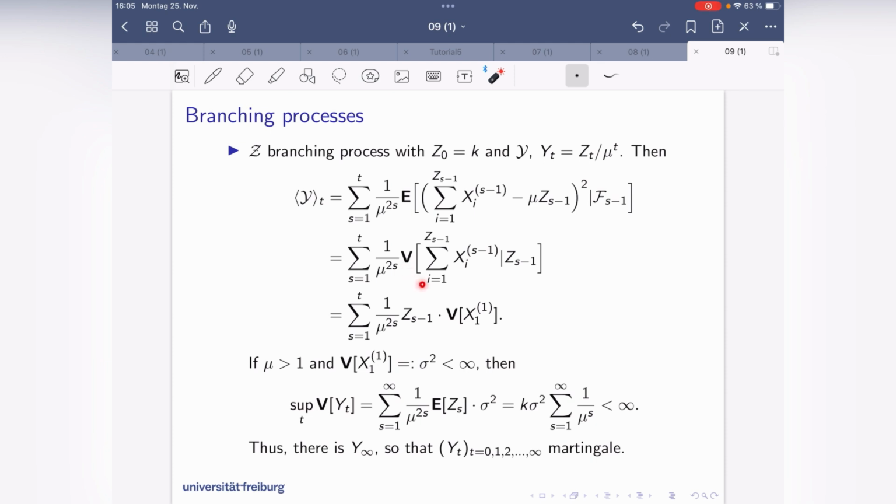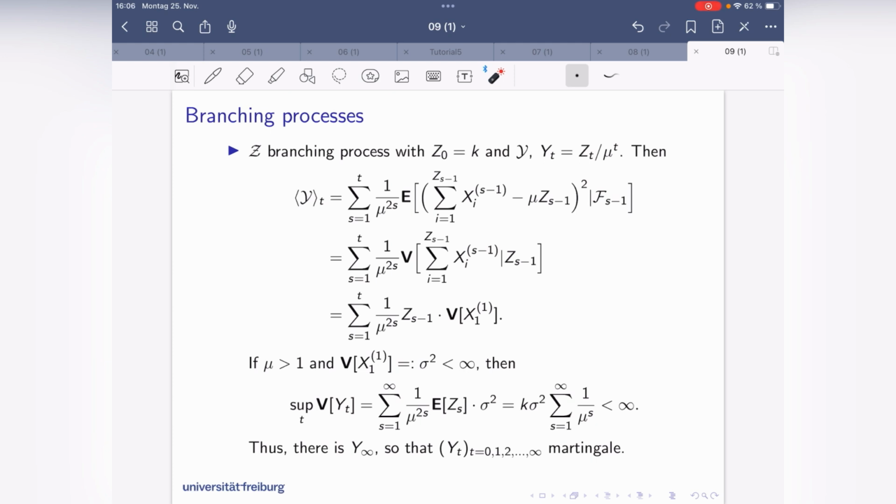So that's the conditional variance of this thing here given fs minus 1. And these things here are conditionally independent. So I can pull this out of the variance. I get the term in s minus 1 times the same variance, which is the variance of x1. So that's just the variance of the offspring distribution. Like this here, and the mu to the power of 2s is just here because I have this in the denominator.